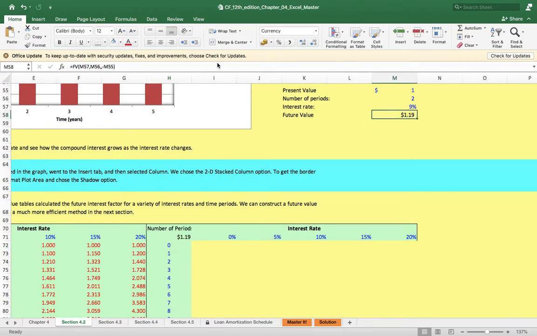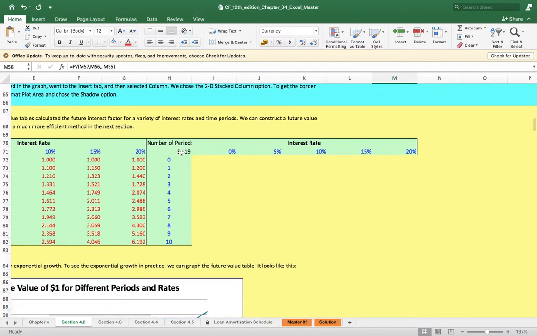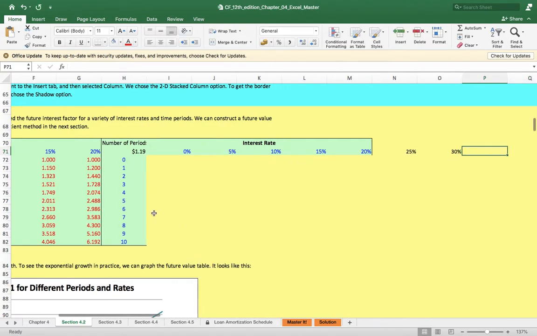Normally this should be written in red, because any formula you should write in red in this spreadsheet. Now I want 0%, 5%, 10%, 15%, 20%, 25%, 30%, like that. And here I need 0 to 10 years.